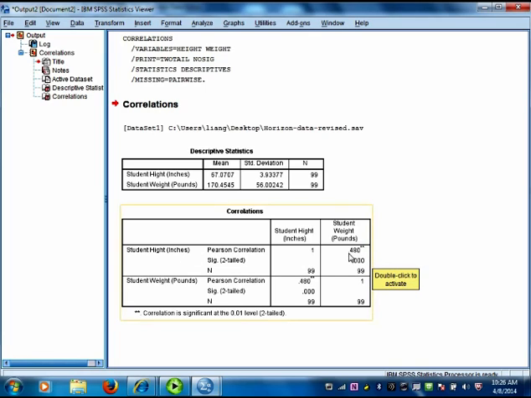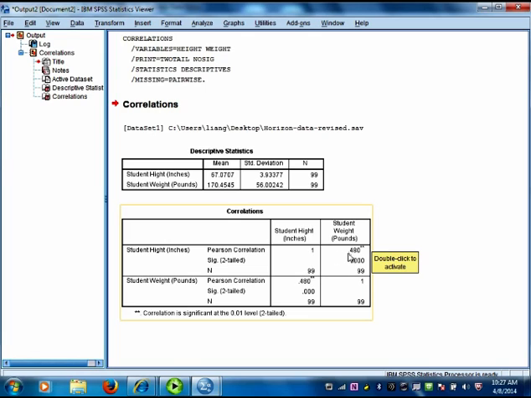Sometimes it's symbolized as r of weight and height equals 0.480. And on the other side, the relationship between student weight and student height is also 0.480. So whether you use height and weight or weight and height, the correlation coefficient r equals 0.480, and this is called the correlation coefficient.